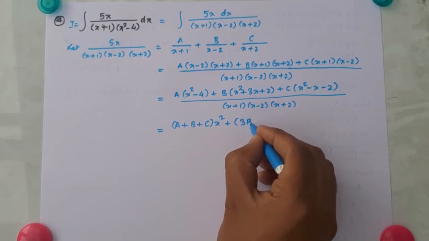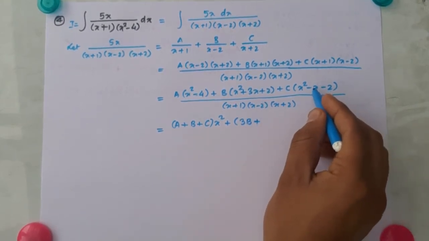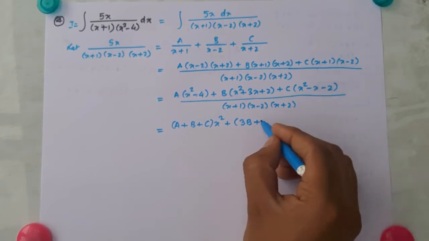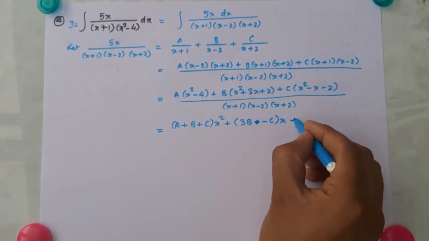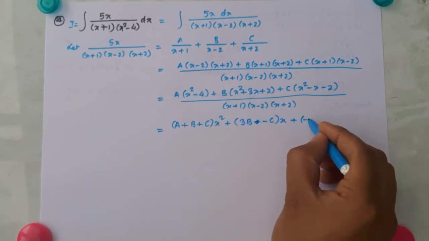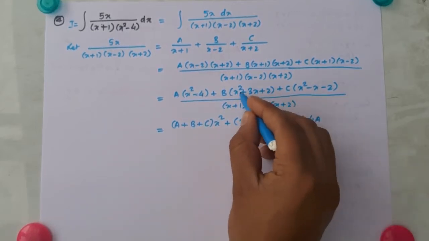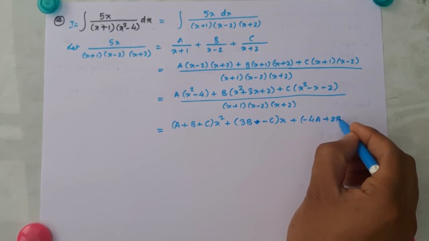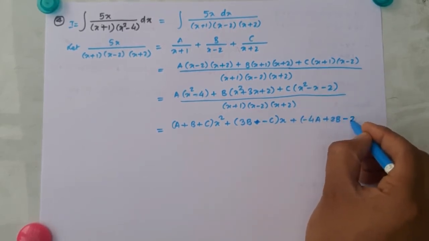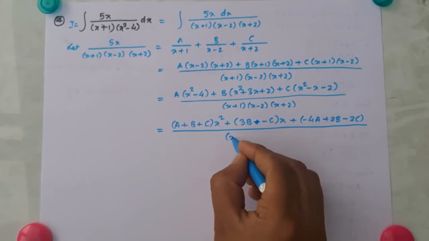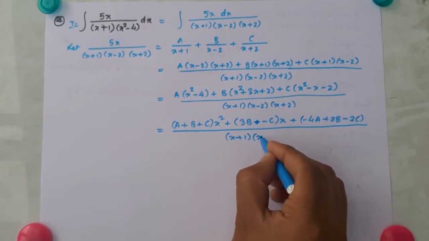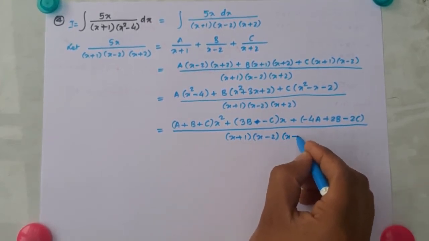So this is 3b plus from here you get c into minus 1 is minus c. Okay, x, and the remaining things are minus 4a, so from here you get plus 2b, and from here you get minus 2c, isn't it? Divided by (x plus 1) into (x minus 2) into (x plus 2).